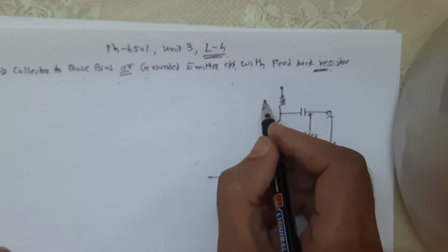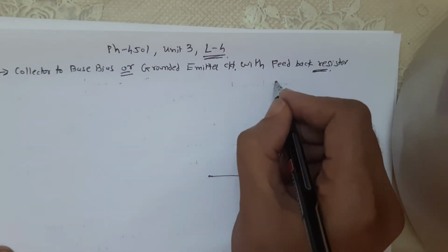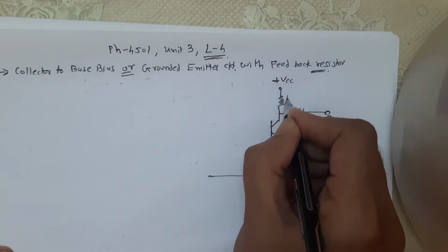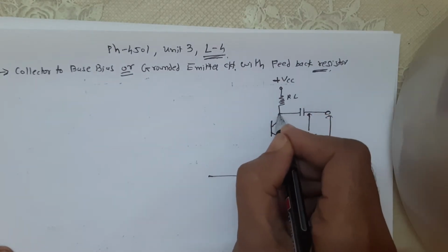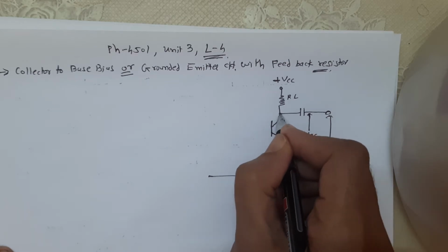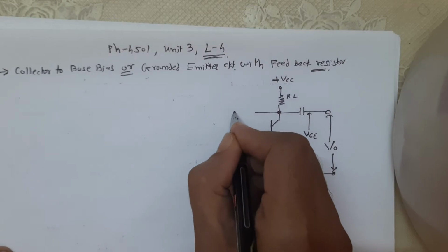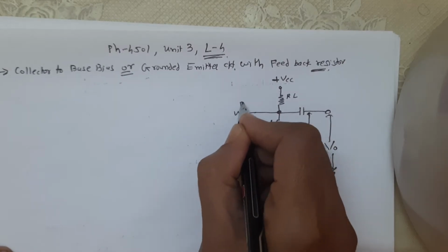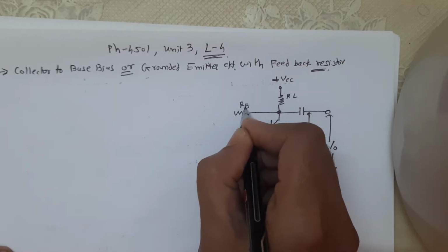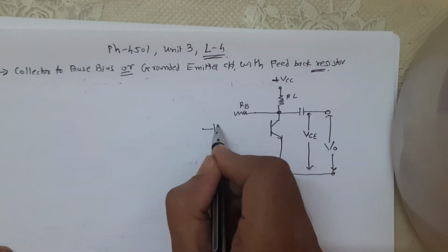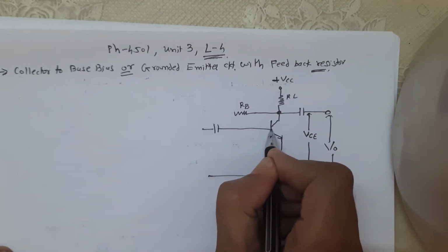The RB is given instead of plus VCC. This is your plus VCC. This is your RL. We take the RB from the collector terminal. This is your RB, and this is your base terminal.